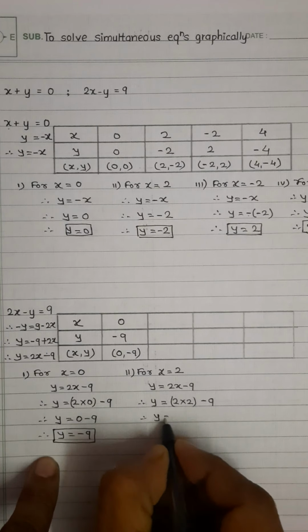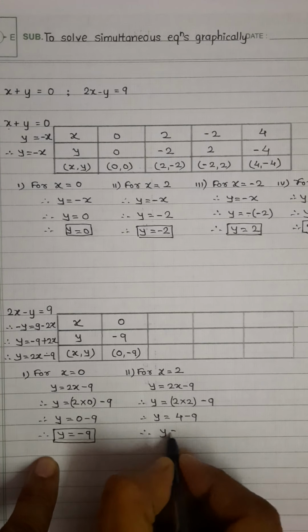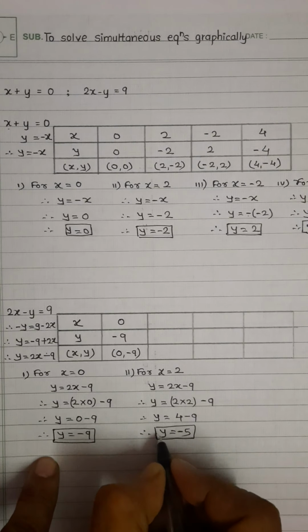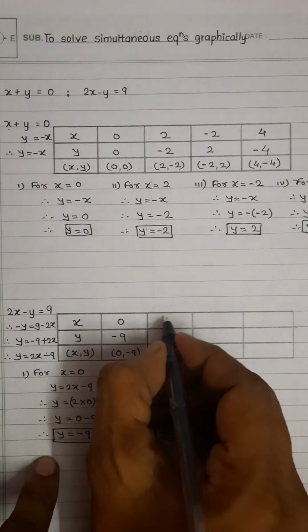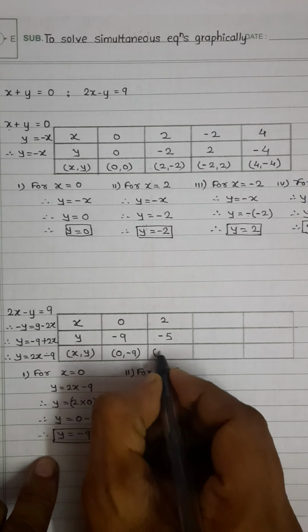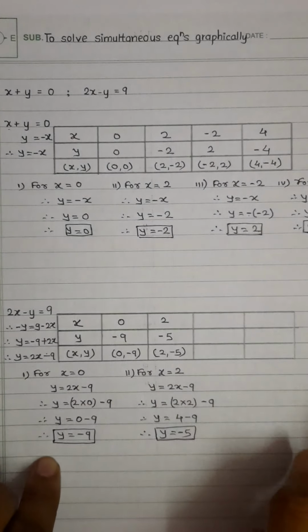Therefore y is equal to 4 minus 9. Therefore y is equal to minus 5. We get here the value of x is equal to 2, y is equal to minus 5, and (2, minus 5) is the next ordered pair.